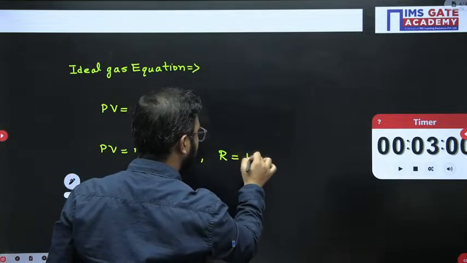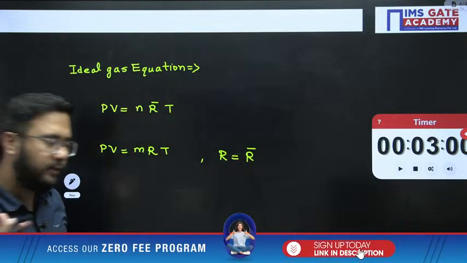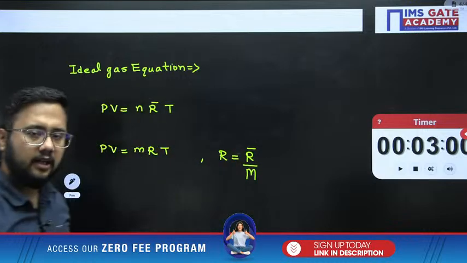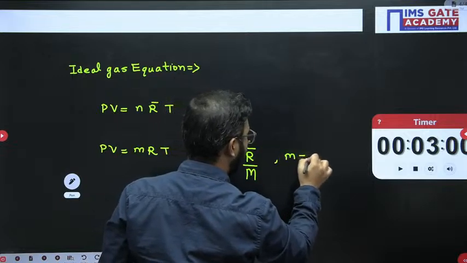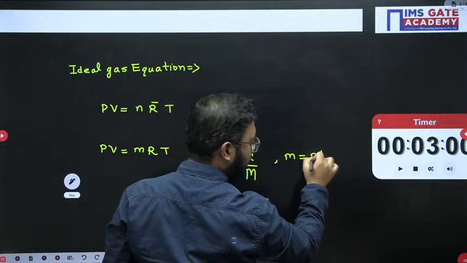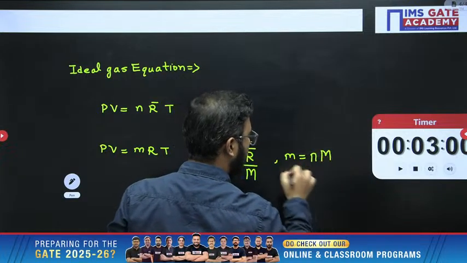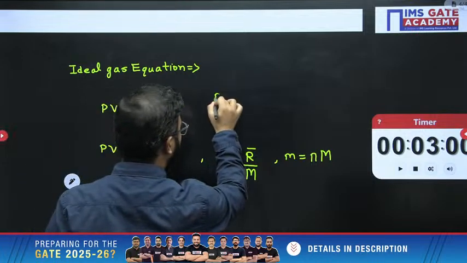R is the specific characteristic gas constant, or simply the gas constant for a particular gas. It equals R bar divided by the molecular weight. And mass will be written as N into M, where N is the number of moles and M is the molecular weight. So this part we need to remember. What is the value of R bar?